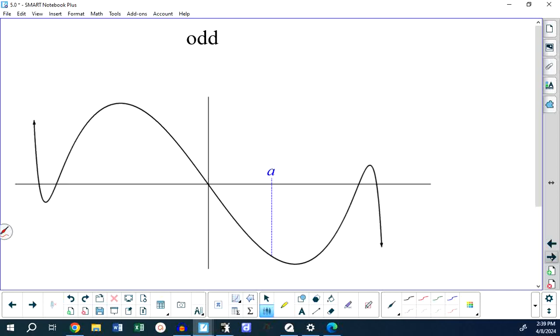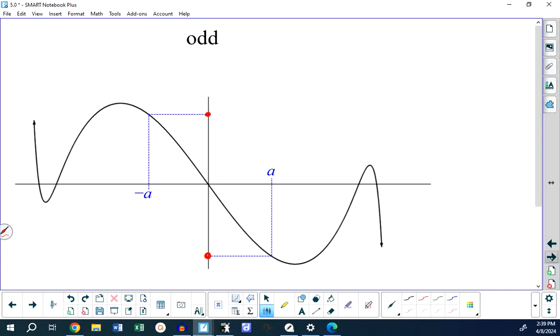So if I pick a value of x called a, that is f of a. I go on the other side and look at negative a, that is f of negative a. Whatever number this is, that number is f of a.